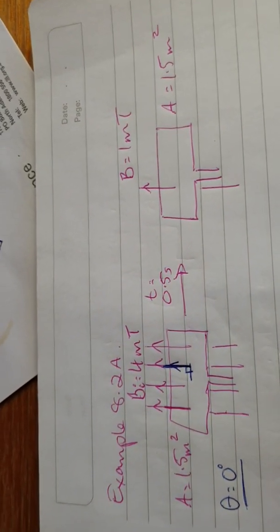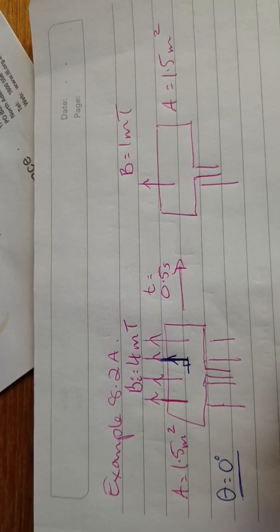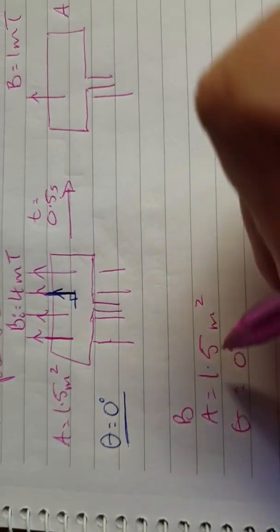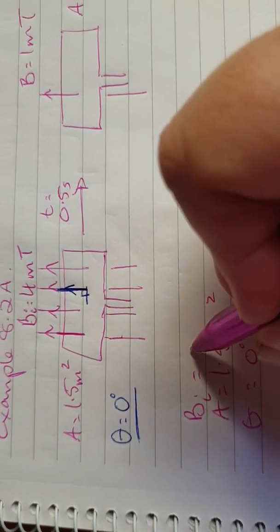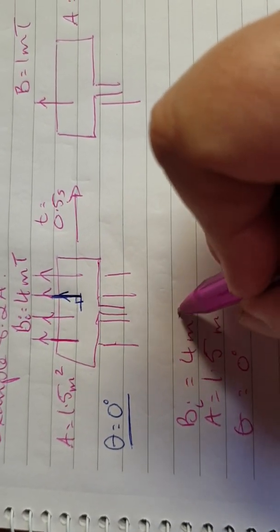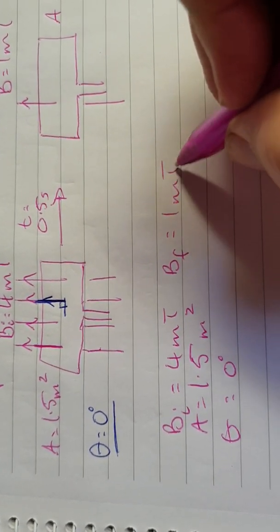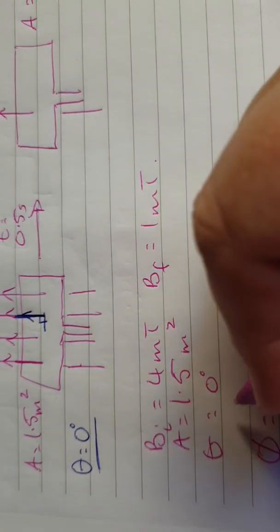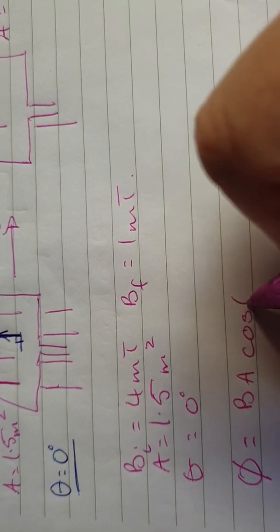All right, the rule for, what have we got? We've got B, we've got A, theta equals 0. B is in two forms. BI equals 4 milliteslas. BF equals 1 millitesla. Righto, so our rule for flux is BA cos theta.